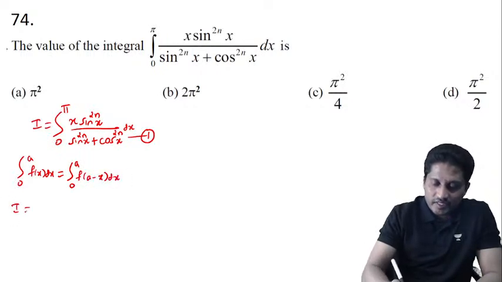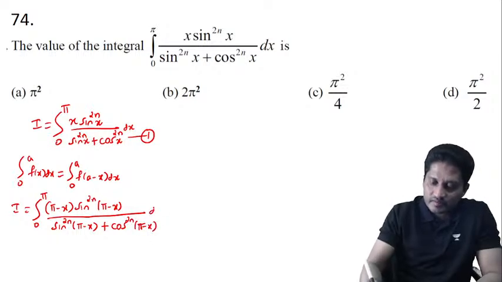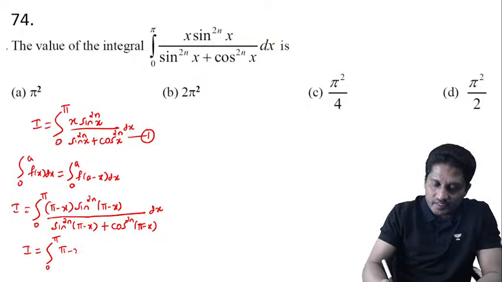I is equal to integration of 0 to pi. You change x to upper limit minus x, so pi minus x, times sine to the power of 2n of pi minus x, divided by sine to the power of 2n of pi minus x plus cos to the power of 2n of pi minus x.